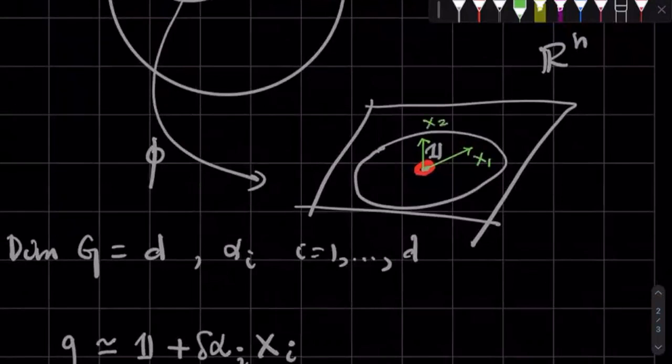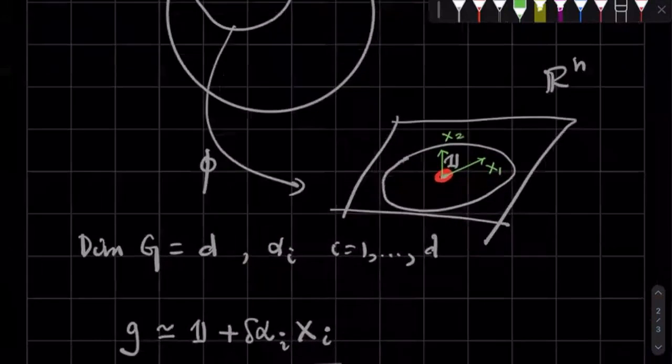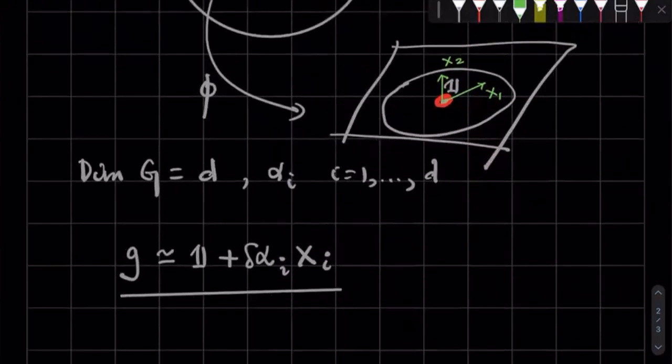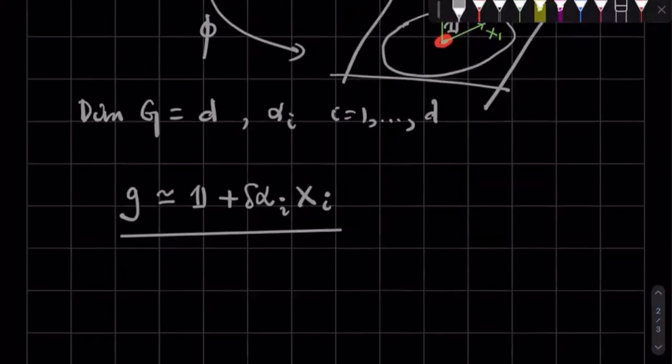This is x1, this is x2. Is that clear? Yes. These xi's are essentially the directions; in differential geometry they are called tangent vectors. And they are what we are calling the generators. You can take this as the definition of the generators.